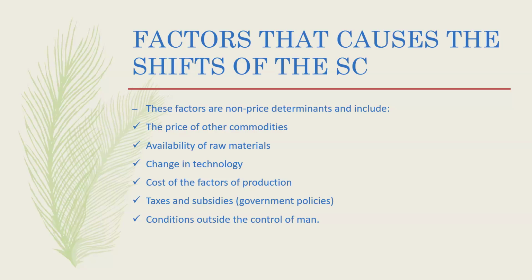All right? So when we speak of these non-price factors, which will affect supply, there will be an effect that will take place in the diagram. Let's look at that effect.